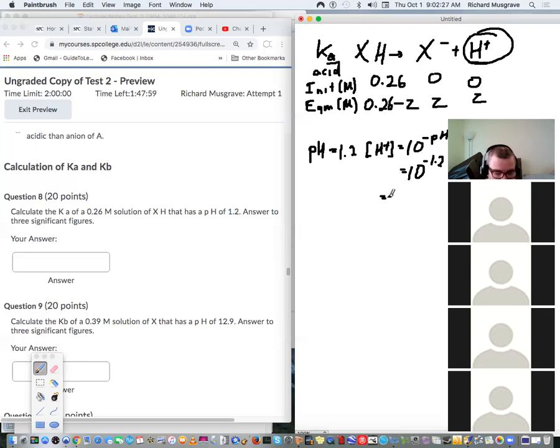And I get 0.063 for that one, for the concentration of H plus, which happens to equal the value of Z.